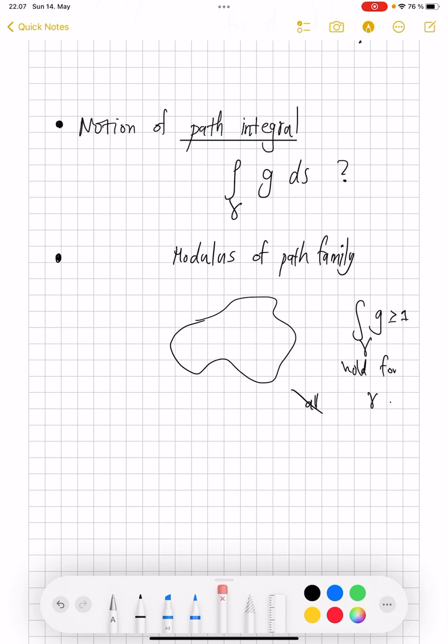So we want to be able to rigorously talk about some property holds for all gamma, say rectifiable, except for a negligible collection.